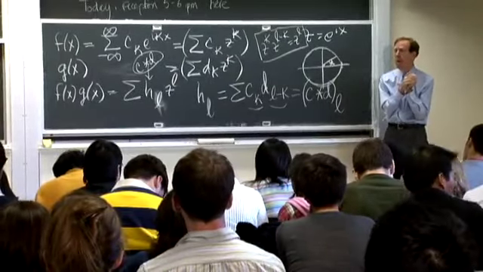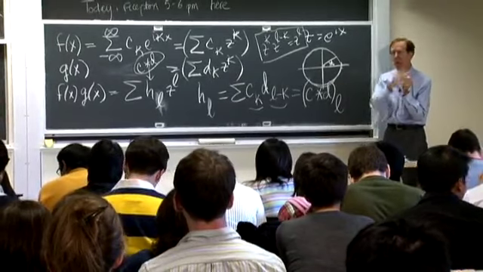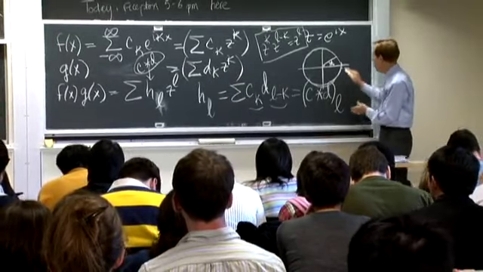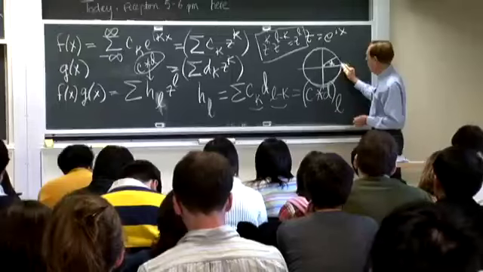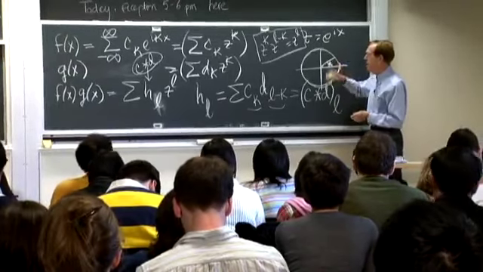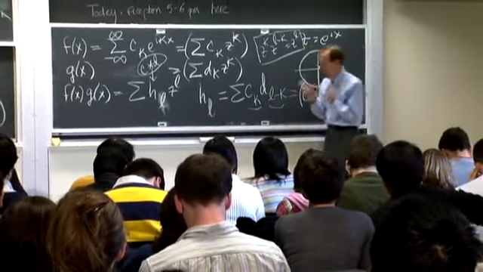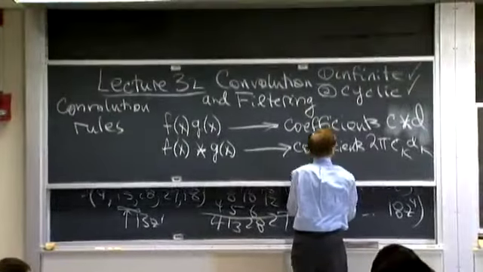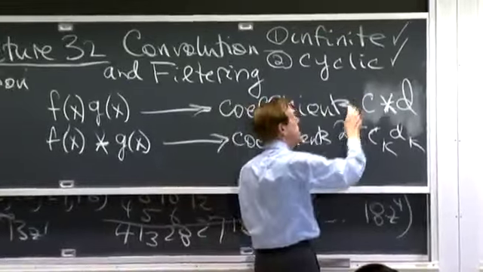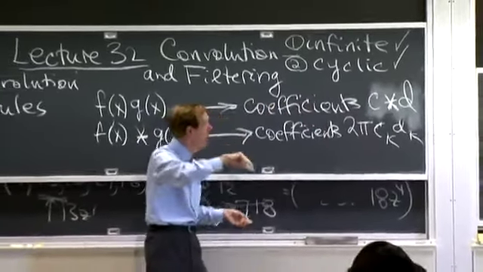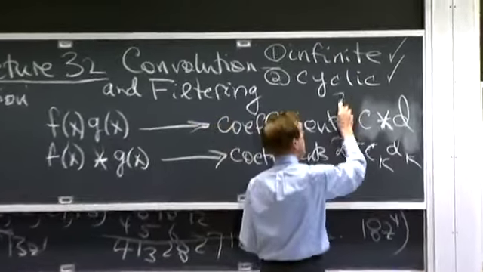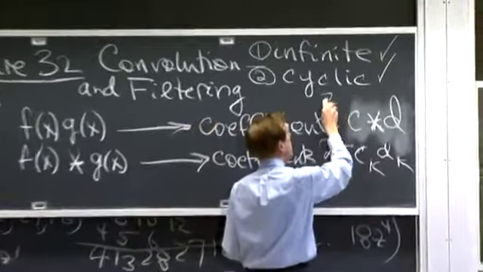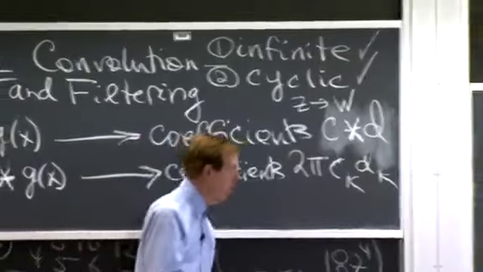Ready for the discrete case? The finite case, when z becomes w. The discrete case, the cyclic case, sorry, maybe emphasize the cyclic case, meaning it circles around, is the case when z becomes this very special z on the unit circle that we know as w.